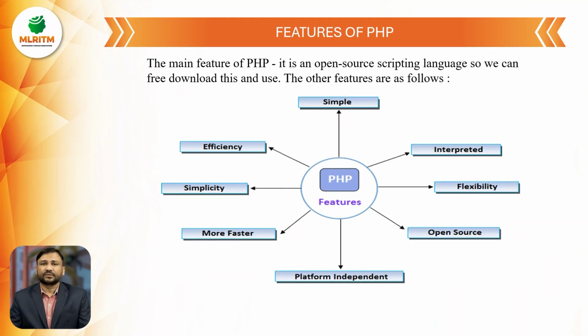Now we'll see the features of PHP. The main feature is that it is an open source scripting language. We can freely download it from anywhere and use it. Some important features: it is very simple and easy to understand.